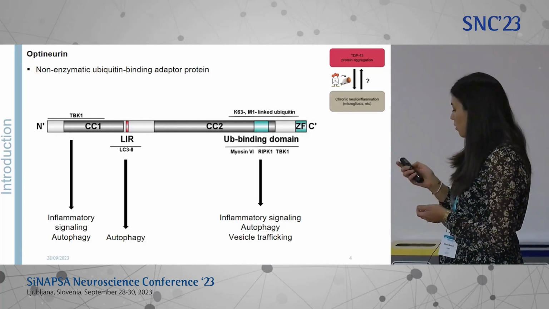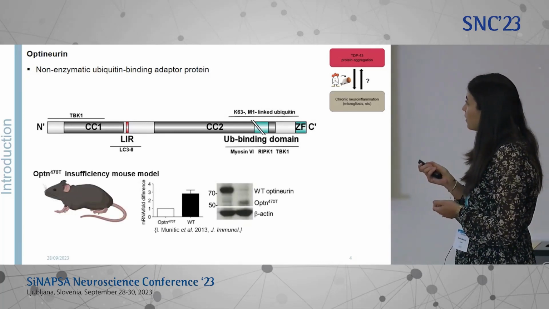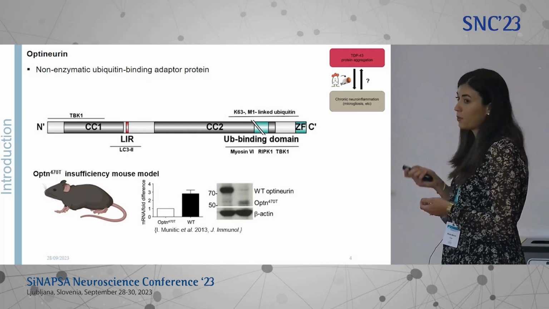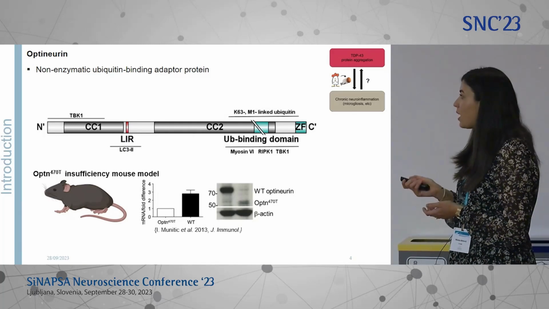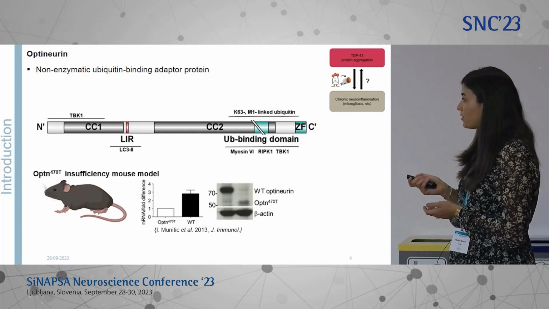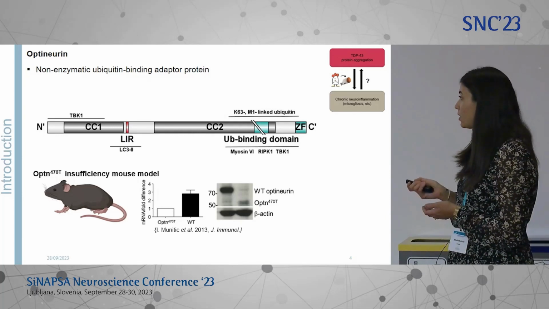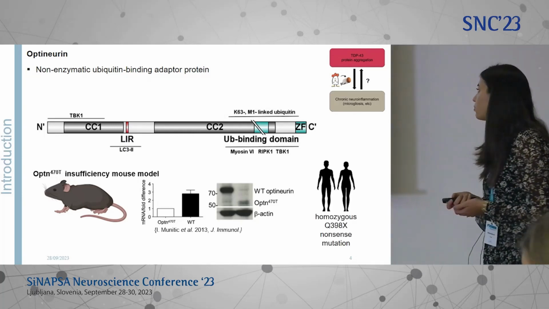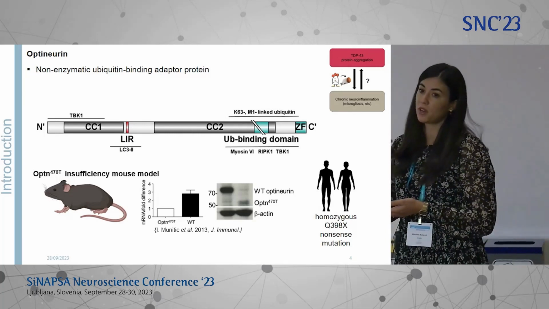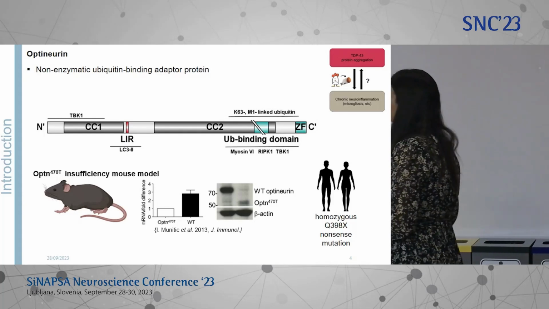We are working on a mouse model that has a truncation of the ubiquitin-binding region. I will call it knock-in mice, and it is an optineurin insufficiency mouse model because it has less truncated optineurin protein and less mRNA levels. But most importantly, it closely mimics mutations found in ALS patients.